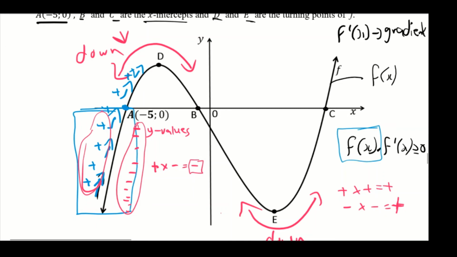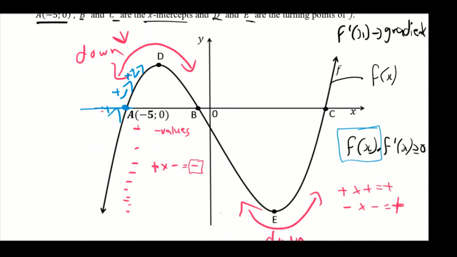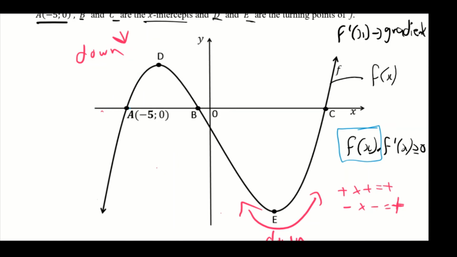So we're going to look at the top, not here at the bottom. If we look at the top of this cubic function here, it's still increasing, right? The function is still increasing here, so it's positive.